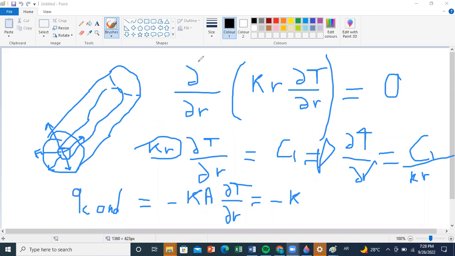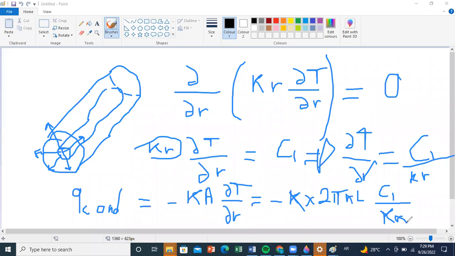So I will put times 2 pi r times l, and now I will replace del T by del R by C1 over KR. Now, as you see here, K will cancel out, and R will also cancel out.